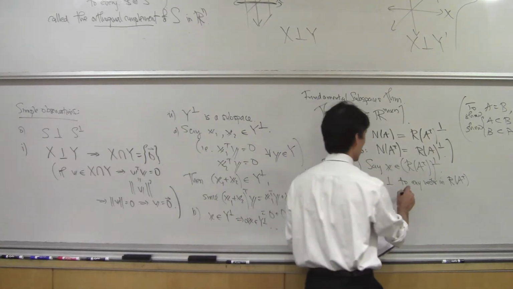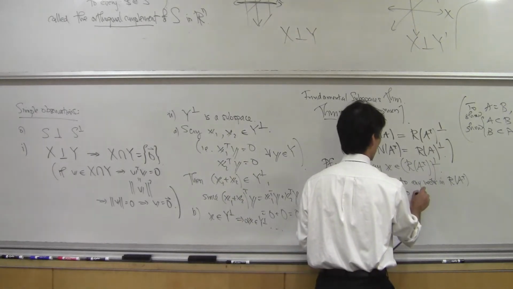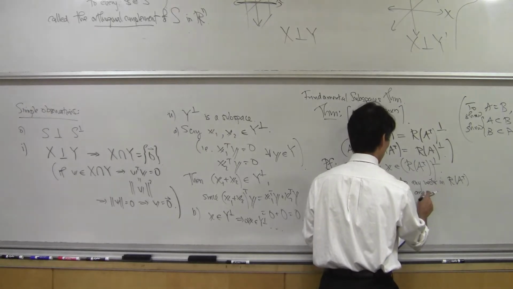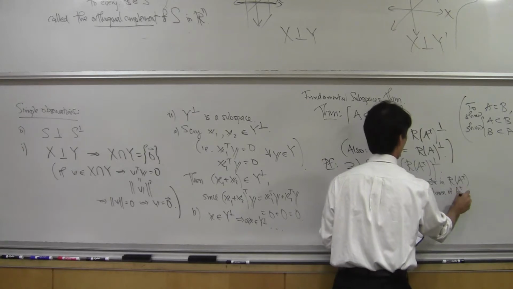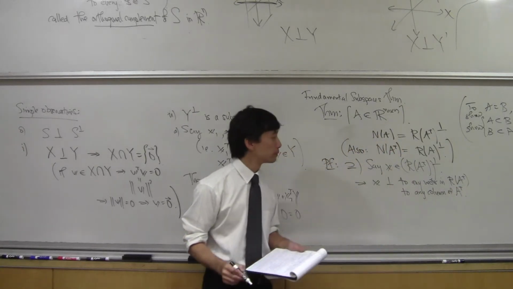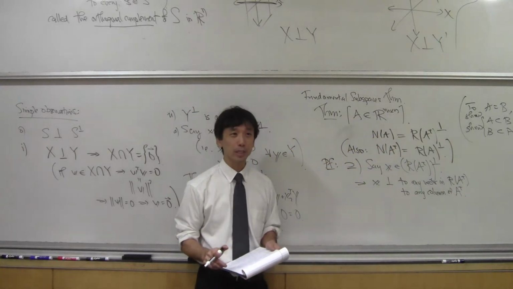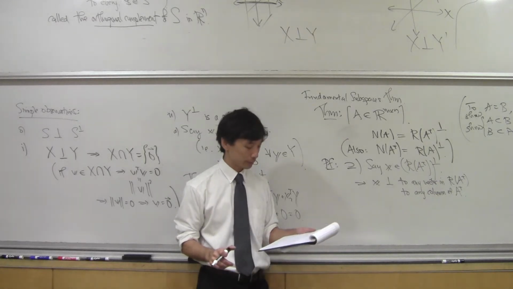So that means it's perpendicular to any column of A transpose, because the columns of A transpose are in the range of A transpose.